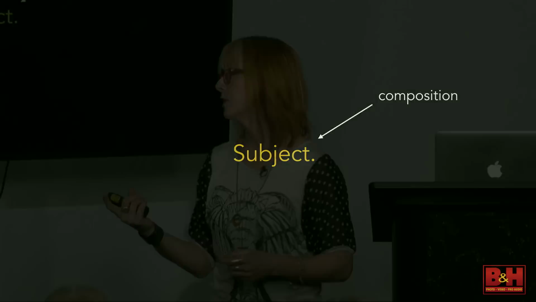Okay, so all the ways that we can communicate what the subject is in our images, and all the things we need to consider when we're critiquing images: well, composition's a big one, right? The way you compose that frame will determine how important the subject is. Our technical decisions, right?